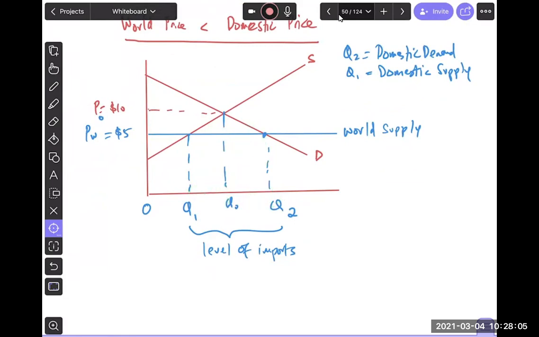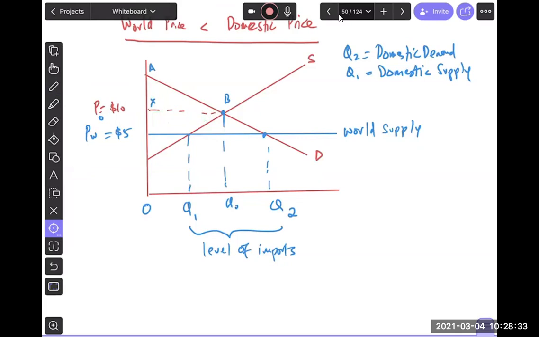If I ask you guys, what's the consumer surplus before versus after? Consumer surplus before was A, B, X. Isn't that true? When the price was $10, consumer surplus is the area under the demand curve over the market price. After international trade, what is the consumer surplus?